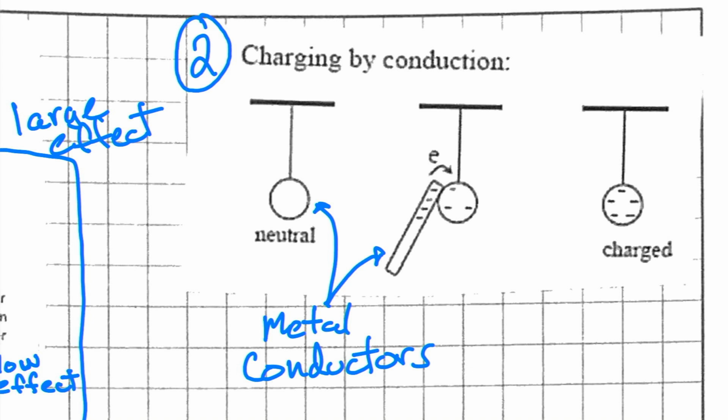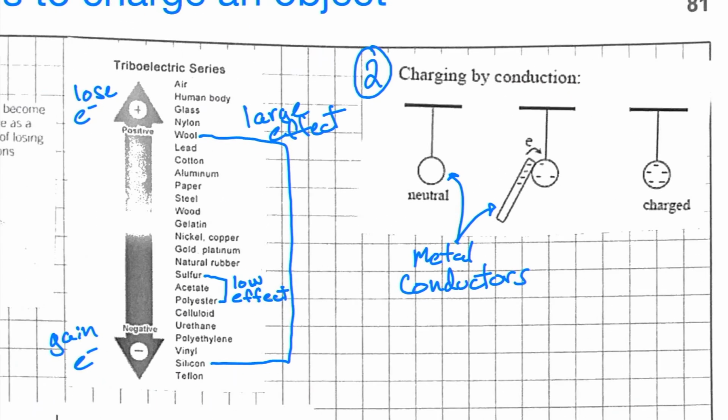And what we have is electrons flow off of the rod onto the sphere, and then the sphere becomes charged. If you had a rod which was an insulator, only a few electrons from the very tip would flow off, and the sphere would not become very charged. So it works best if you have a metal rod with a metal sphere, and both of them are conductors, and then you can get lots of charge to transfer, or at least more than you would otherwise.